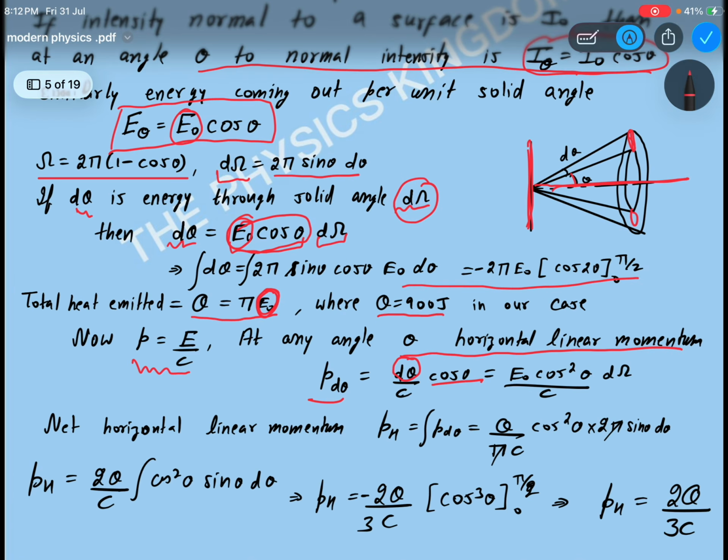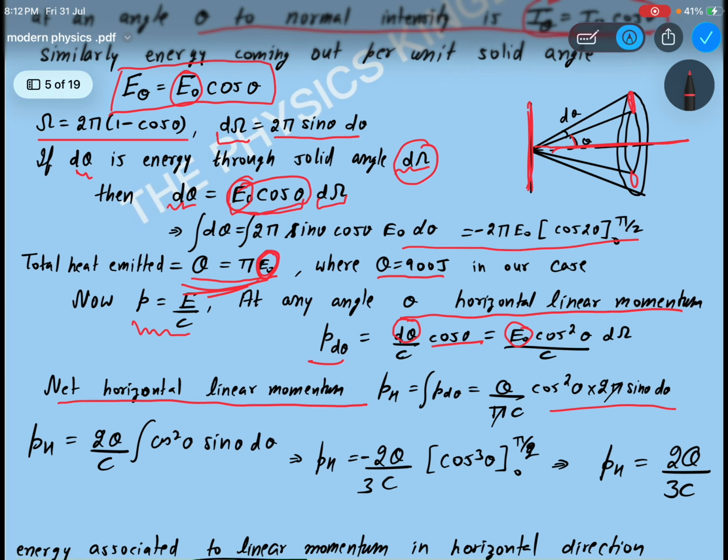So now I am writing the net linear momentum in the horizontal direction. We have already obtained E naught in terms of Q, that is Q by pi c. Again this integration you can see, right? So beta, what I am getting is a very beautiful expression: PH is equal to 2Q by 3C, right?